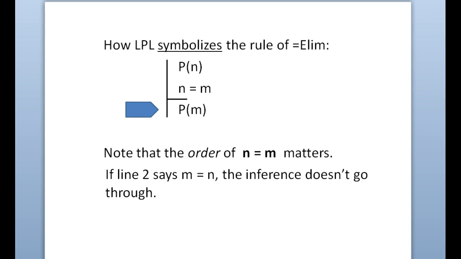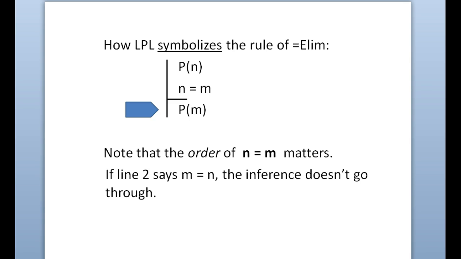Okay. Let's look at how LPL symbolizes the rule of identity elimination. And here's how they do it. They say, if you have two sentences, and by the way, the formulas that appear above the little horizontal line here, that means that we've already been given them as true. They're already established.